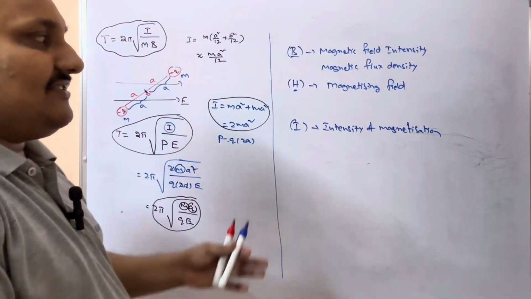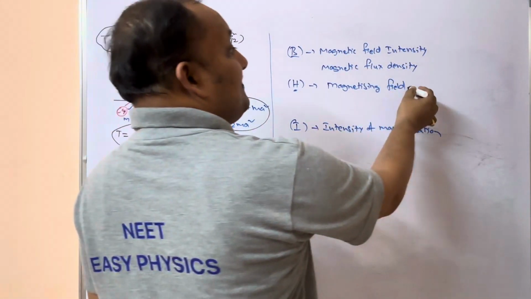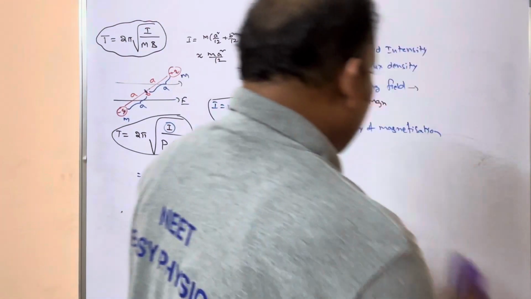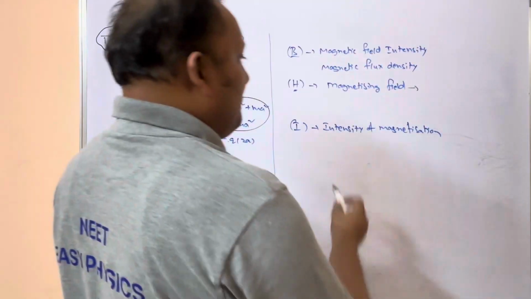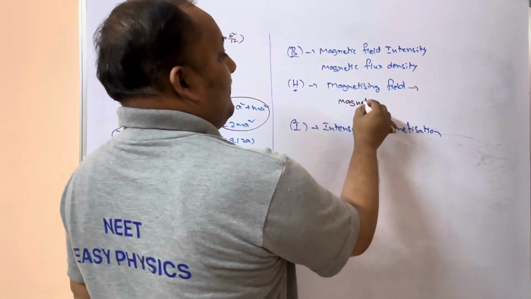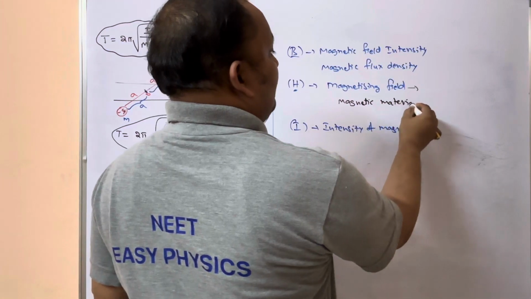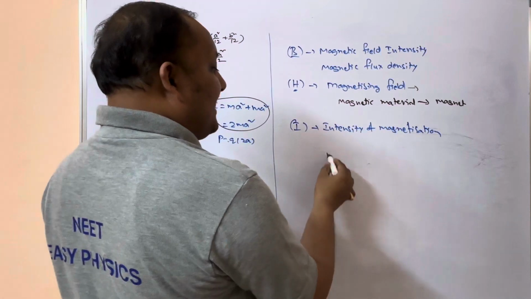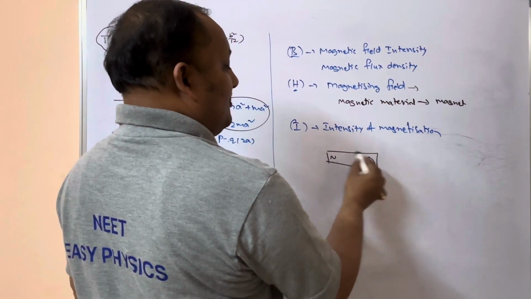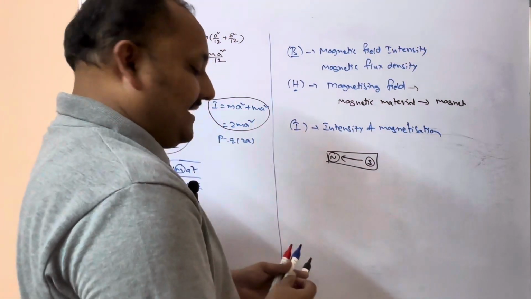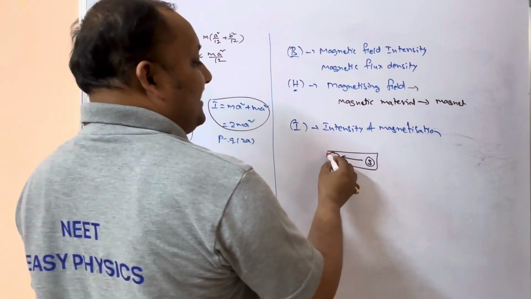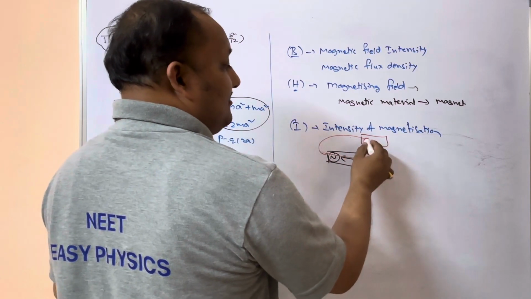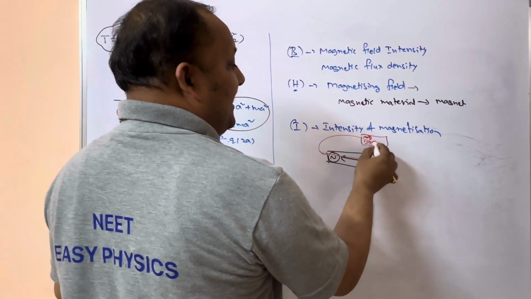So what is the magnetizing field? The magnetic field which is making a magnetic material into a magnet. A magnetic material can be converted into a magnet. A magnet has a north pole and a south pole, and around it there will be a magnetic field. This magnetic field is converting a magnetic material.